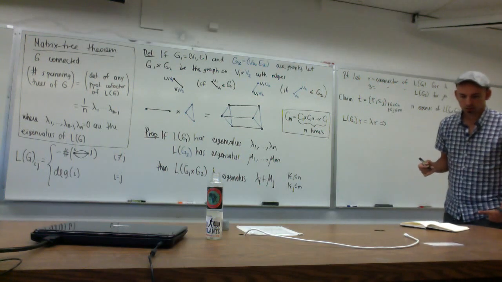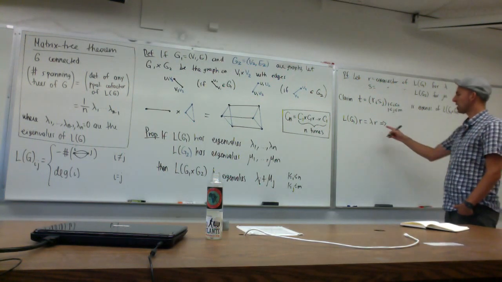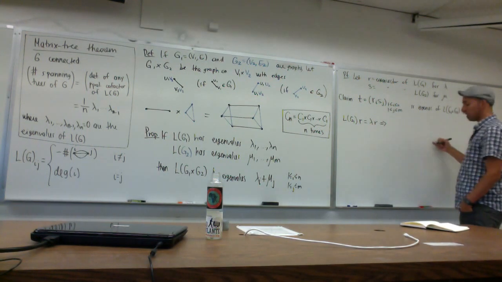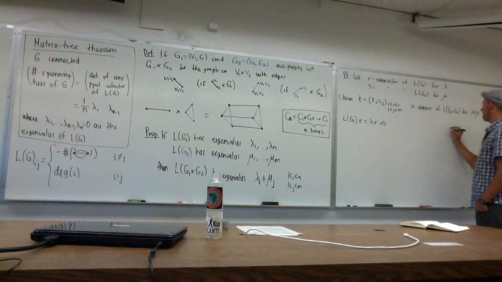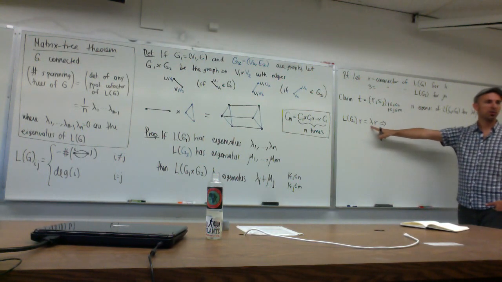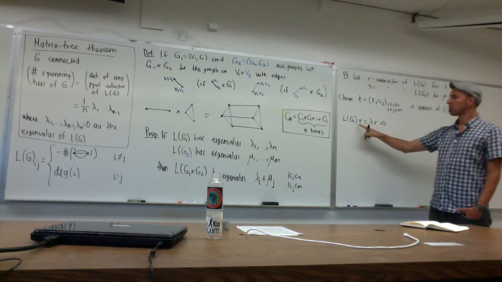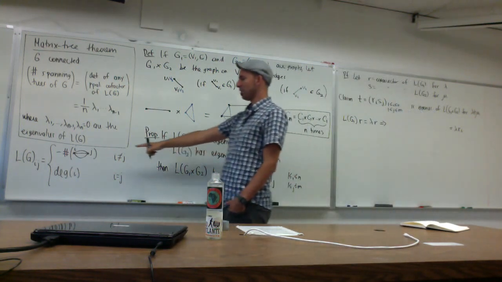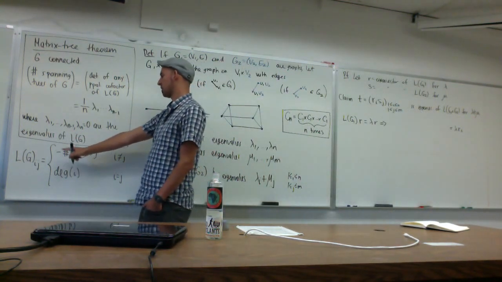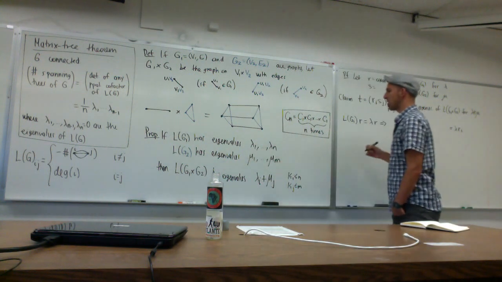Right? So what do I get when I look at the ith entry? Well, on the right hand side, I get lambda times ri, right? That's the ith coordinate of this. To get the ith coordinate of this, I should carry out this multiplication, right?